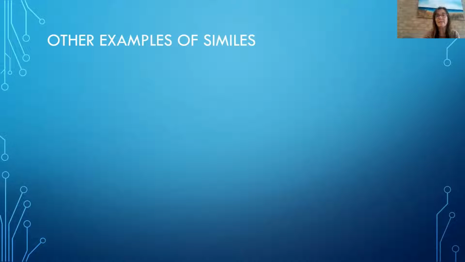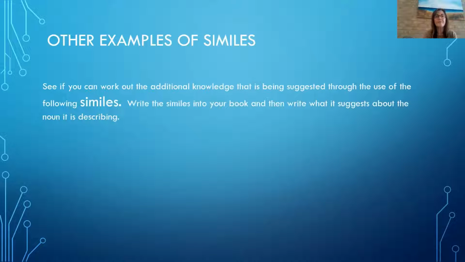Examples of similes. Let's look at a few more. In a moment, you're going to write these similes down in your book. And what I'd like you to do is next to it, write down, see if you can work out the additional knowledge that is being suggested through the use of the following similes.